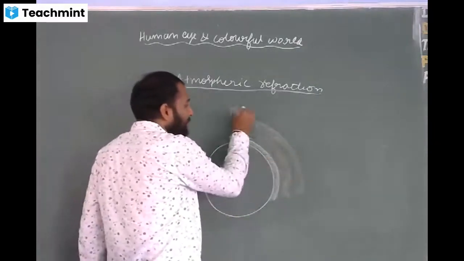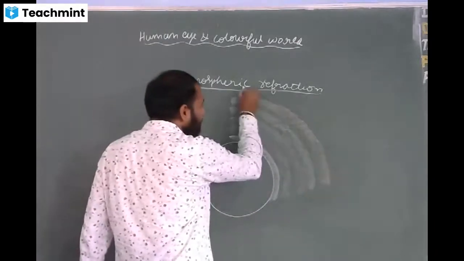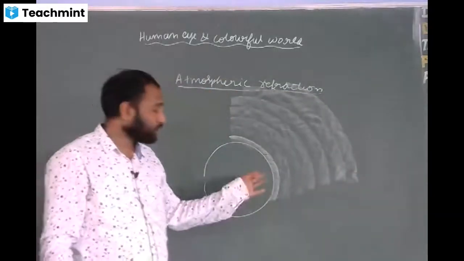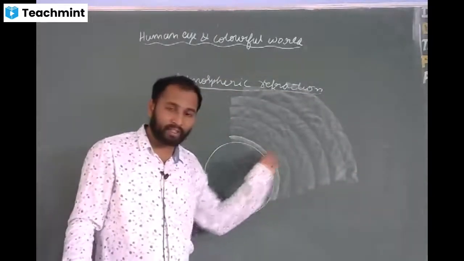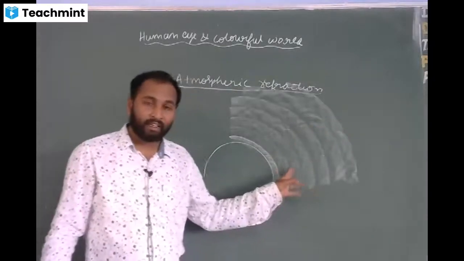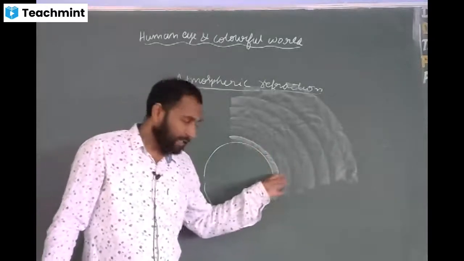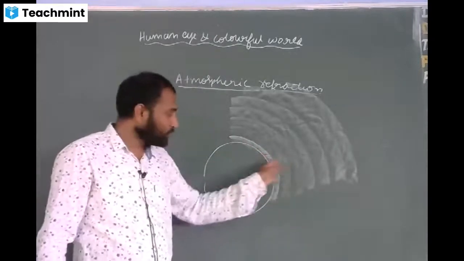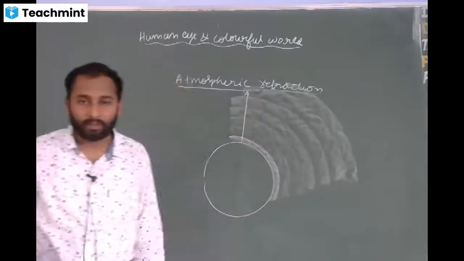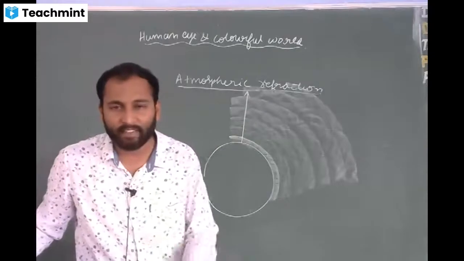Still move up, hot, still hot, too much hot. So as you keep going above the surface of the earth, the layers of atmosphere differ. Here we will find cold air, a little bit up, a little bit cold. As you keep moving above, what happens? Does the refractive index increase or decrease?